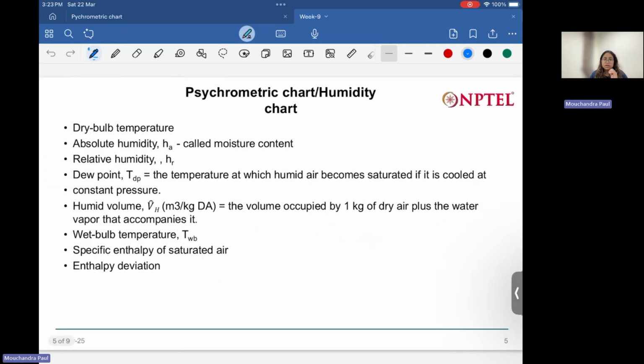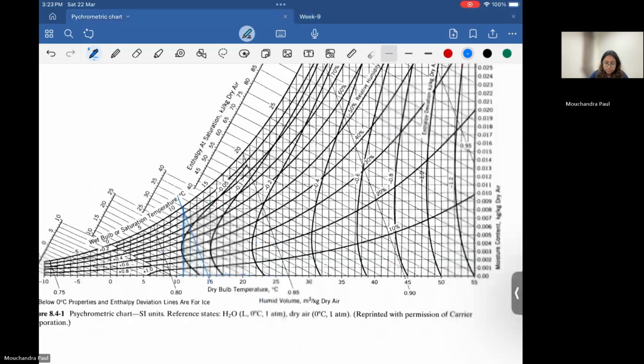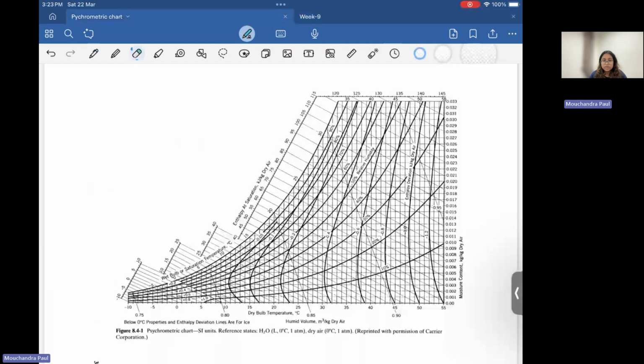So let's begin. These are some terms that you would see in a psychrometric chart or humidity chart. So how does a psychrometric chart look like? This is a psychrometric chart.